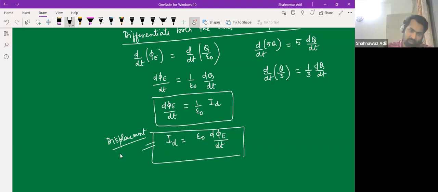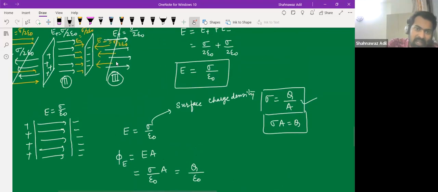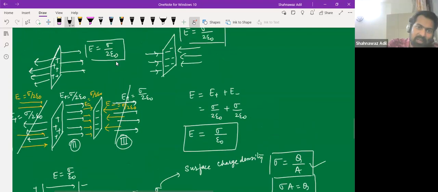So due to the change in electric flux, there are no charges flowing inside the capacitor, but there is some change in electric flux, and due to this change in electric flux, there is some current which is flowing inside this capacitor.